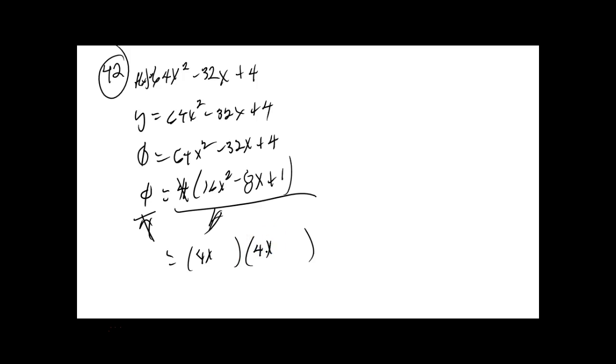And then where do you look next? The sign of the last term is positive. That tells you these two signs have to be the same. And since the middle one's negative, they both have to be negative. And then what's the only possible factorization for 1? 1 times 1. Now, FOIL that and see if it works.